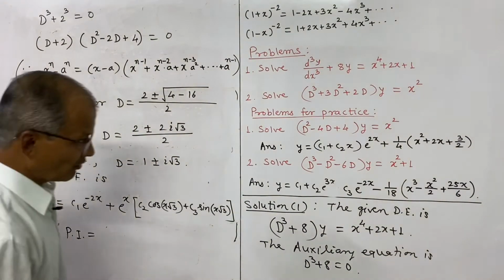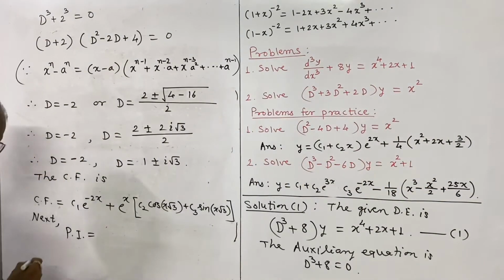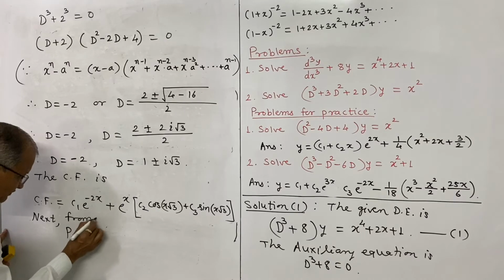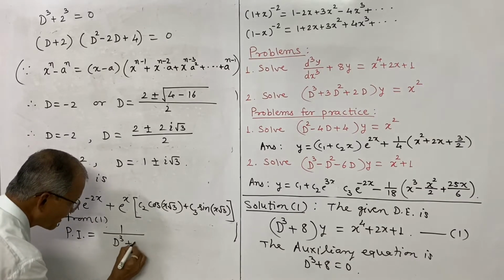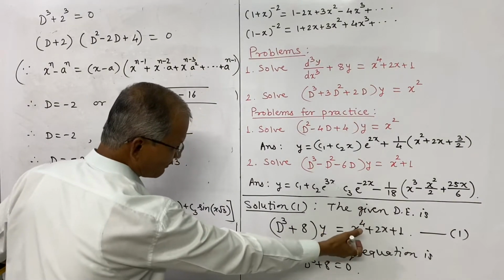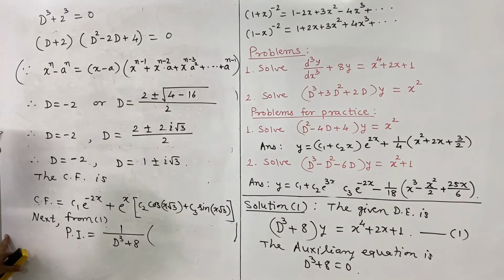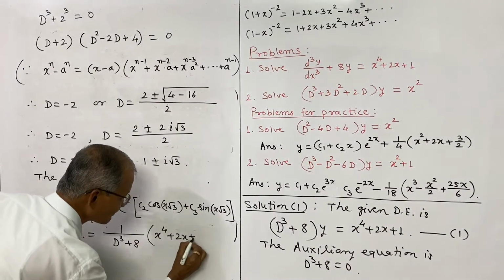You may refer to this as 1. Next, from 1, PI is 1 over D cube plus 8 operated on x power 4 plus 2x plus 1, shifted to that side it becomes the inverse operator.